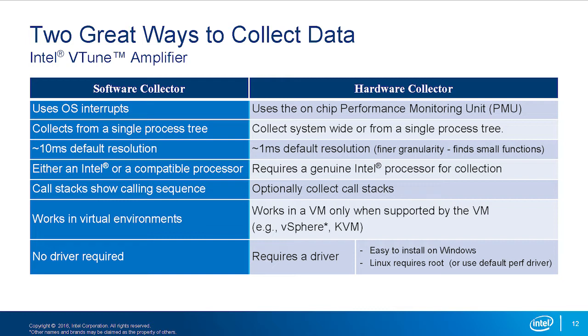And it has a 1 millisecond default resolution, so it's capable of a much finer granularity and can find issues with smaller functions. And it can collect data from the entire system or from the single process tree. The hardware collector, however, requires a driver to be installed in the system, whereas the software collector does not.